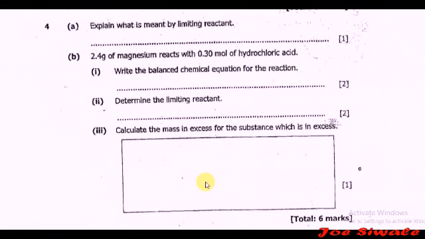Question B reads, 2.4 grams of magnesium reacts with 0.3 mole of hydrochloric acid. Roman numeral 1, write the balanced chemical equation for the reaction, 2 marks.